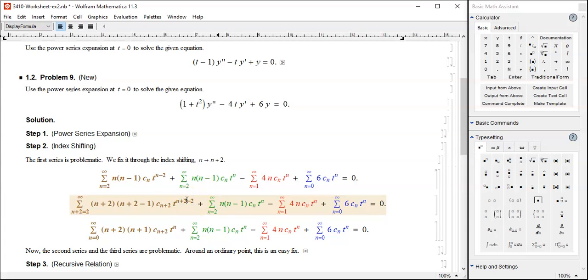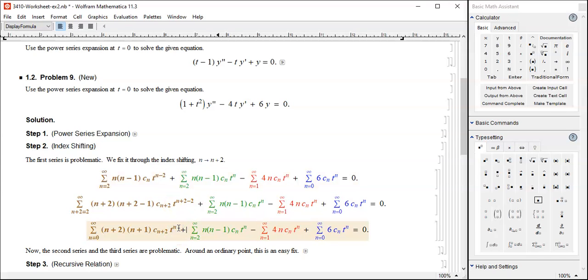Now, I replaced n by n plus 2 here, so I have to do the same thing in all other n expressions as well. 1, 2, 3, 4 more of those. Here, n plus 2, n plus 2, n plus 2, n plus 2, and then of course n plus 2 here as well.